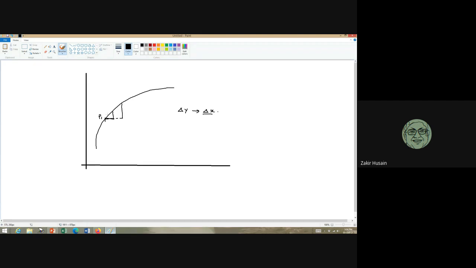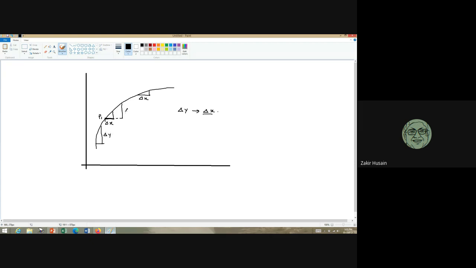Is this clear? Suppose I'm changing del x only by this amount. If I change by the same amount over here, what is the del y? So this del x and this del x are the same. Again, this del x is the same.